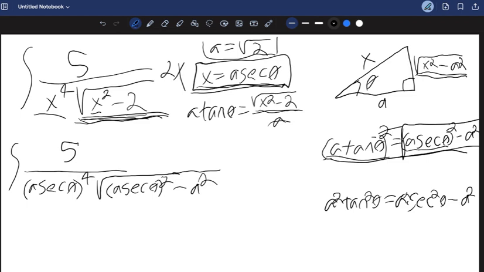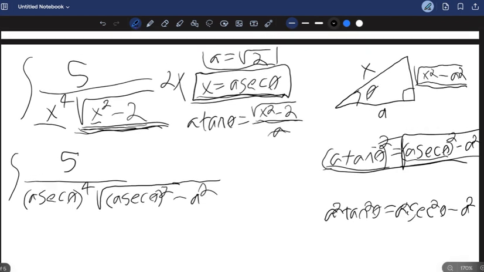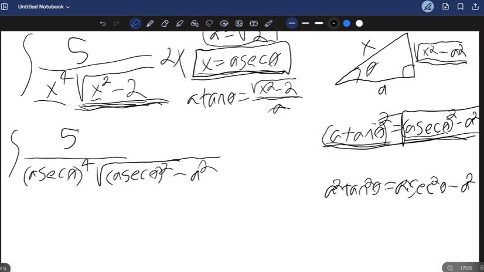But the key thing here is that we can't really factor out our a, because we need our a in here to be equal to this tan theta. Or actually no, you're right, we could do that as well. We could factor out, just to get it to be minus 1, the square root a squared times secant squared theta minus 1.